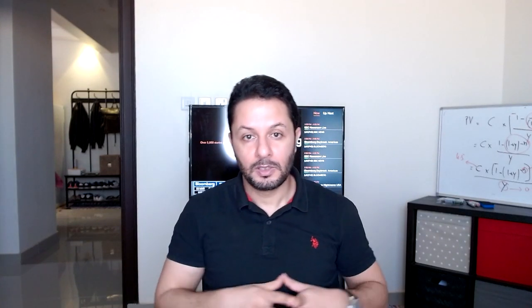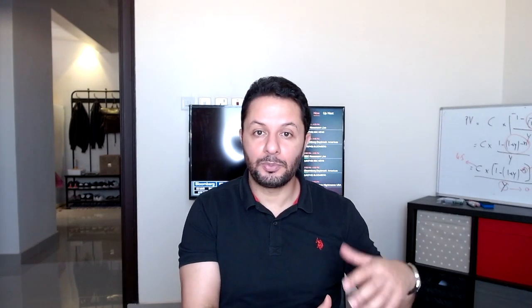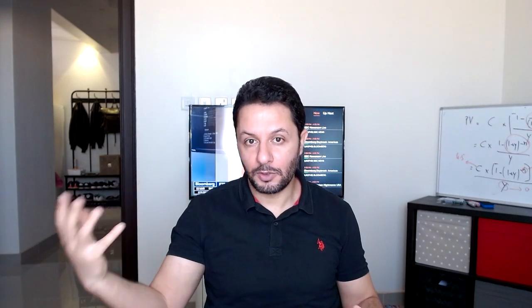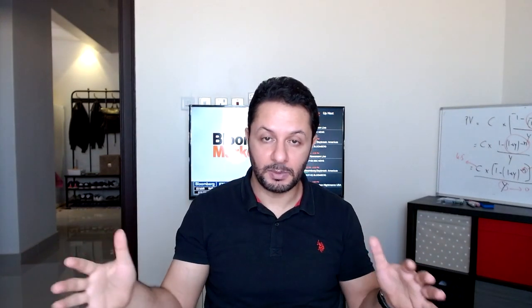Okay, so the exercise number 2 that will be resolved during this video is about how to compute duration and how to compute the convexity measures, and then how to compare duration and convexity for different bonds and how to interpret these results.